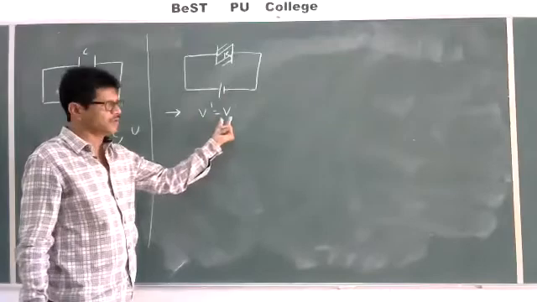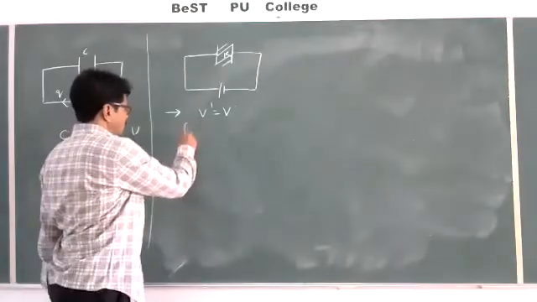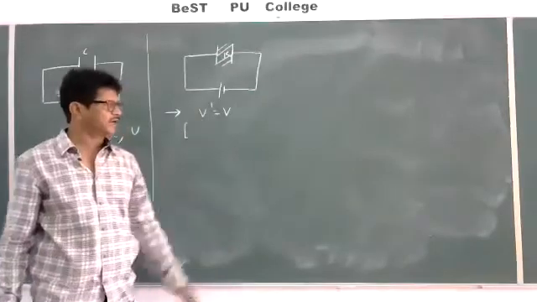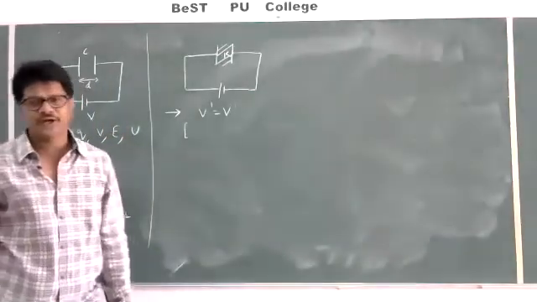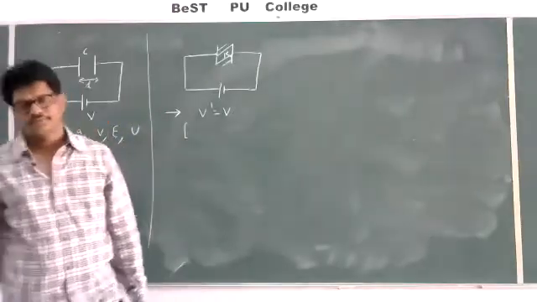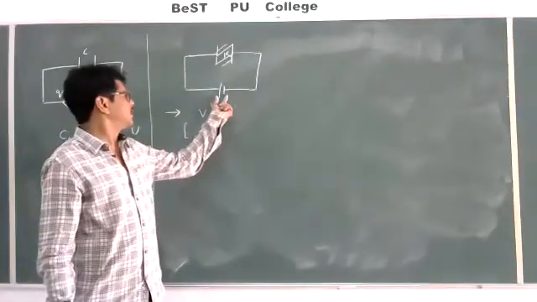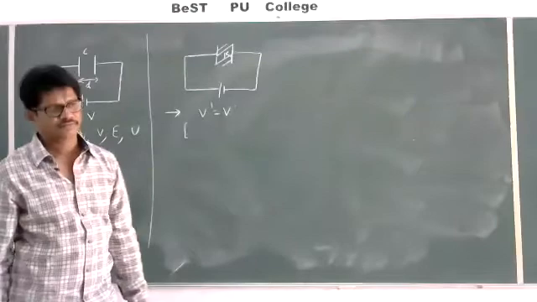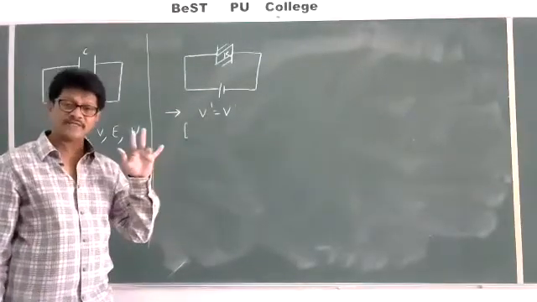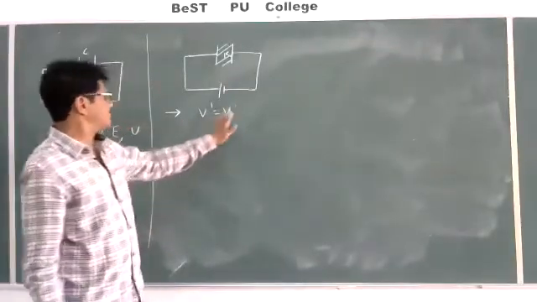V dash is equal to V. Okay, note down: potential difference remains constant when the battery is in connection. If you disconnect the battery, that is another scenario. So potential difference remains constant.